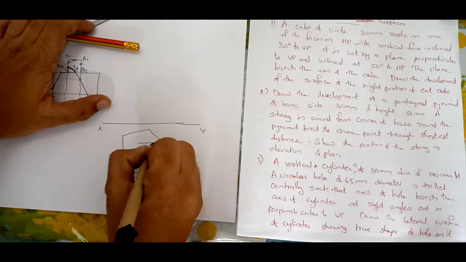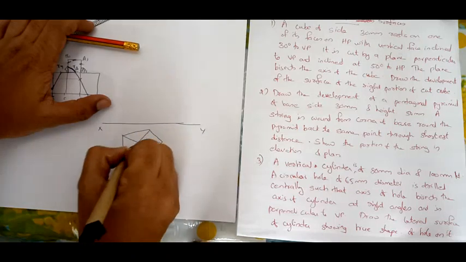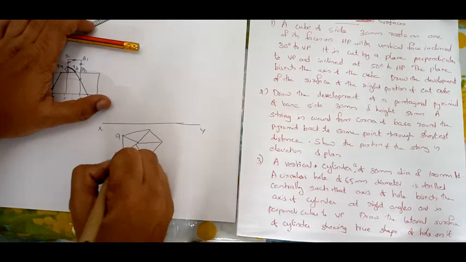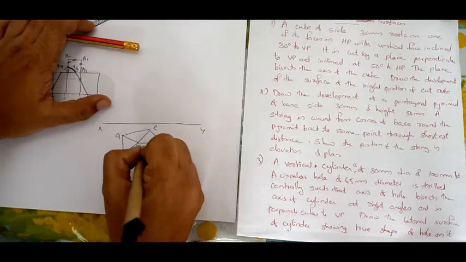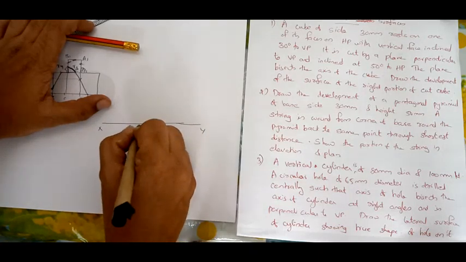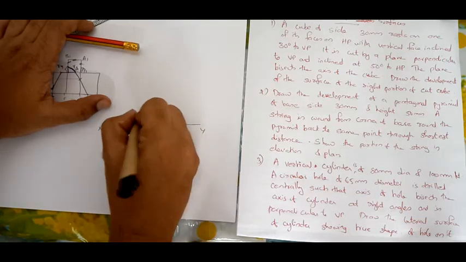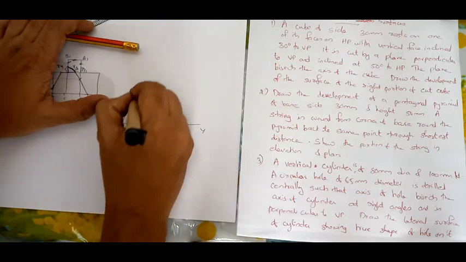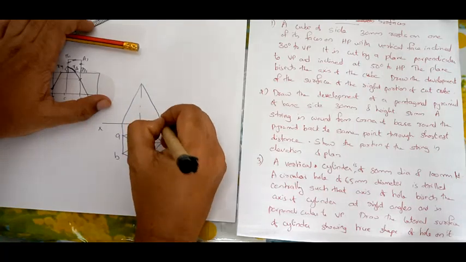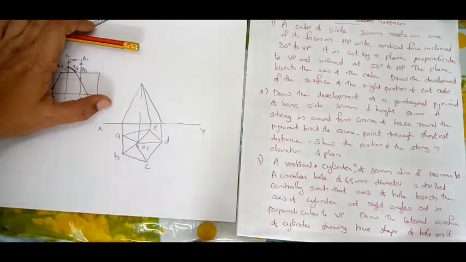So we have completed a pentagonal pyramid. Roughly I am drawing A, B, C, D, E, O, P. This will be the axis. The pentagonal pyramid is drawn.